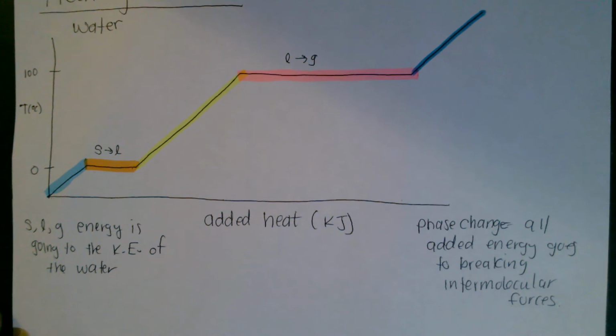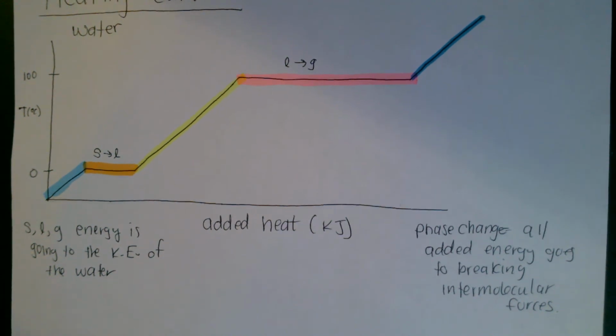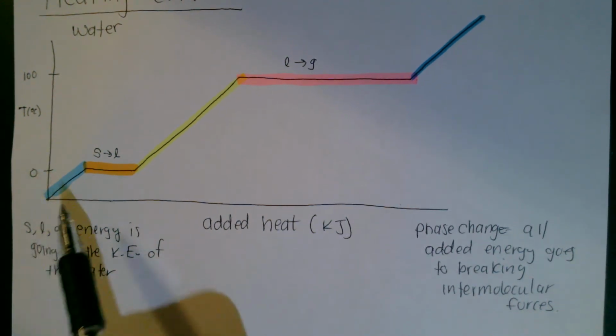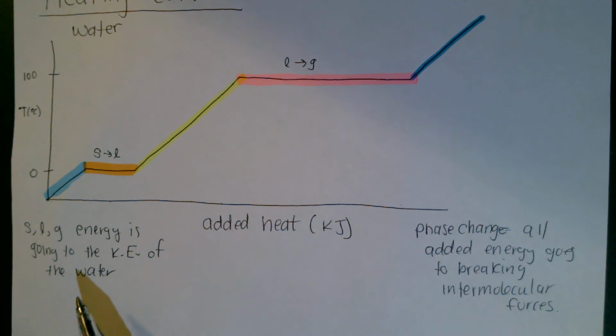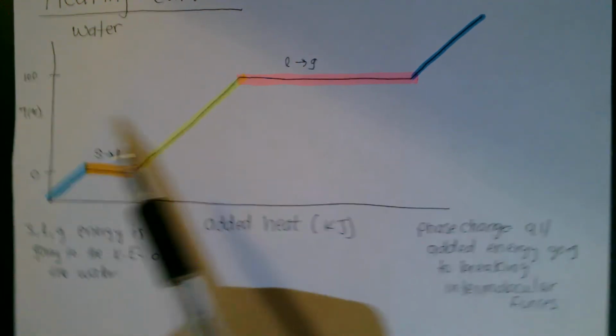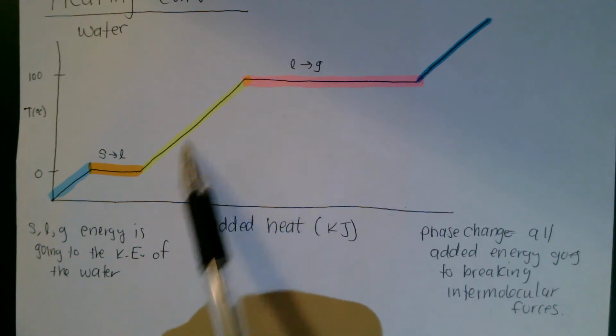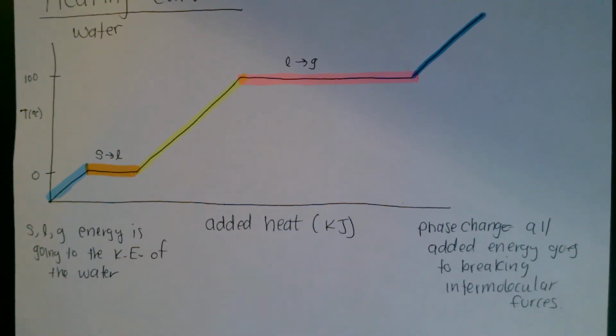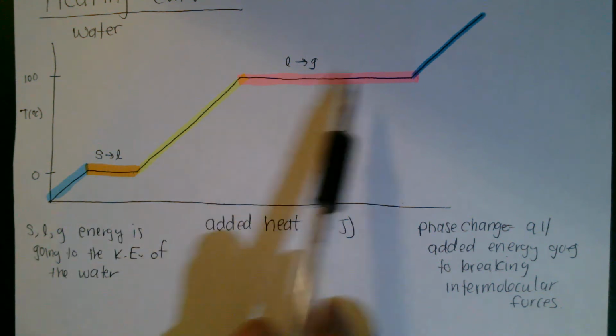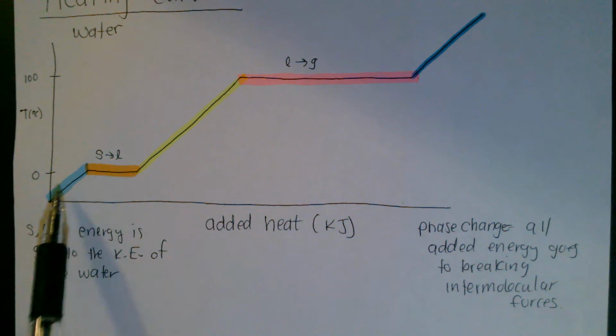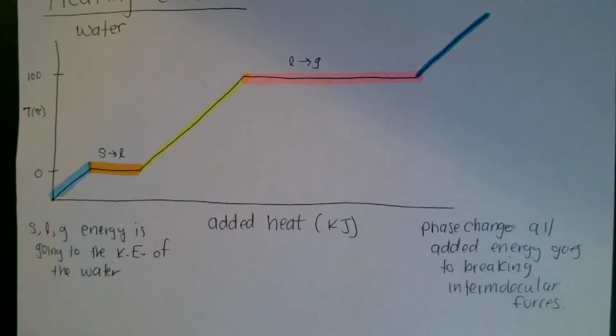Or again, if this is ethanol or methane, whatever it happens to be, all added energy is going to increase the kinetic energy of the sample. So that's why we see temperature going up with added energy. The molecules are moving faster and we are getting more energy into the sample.